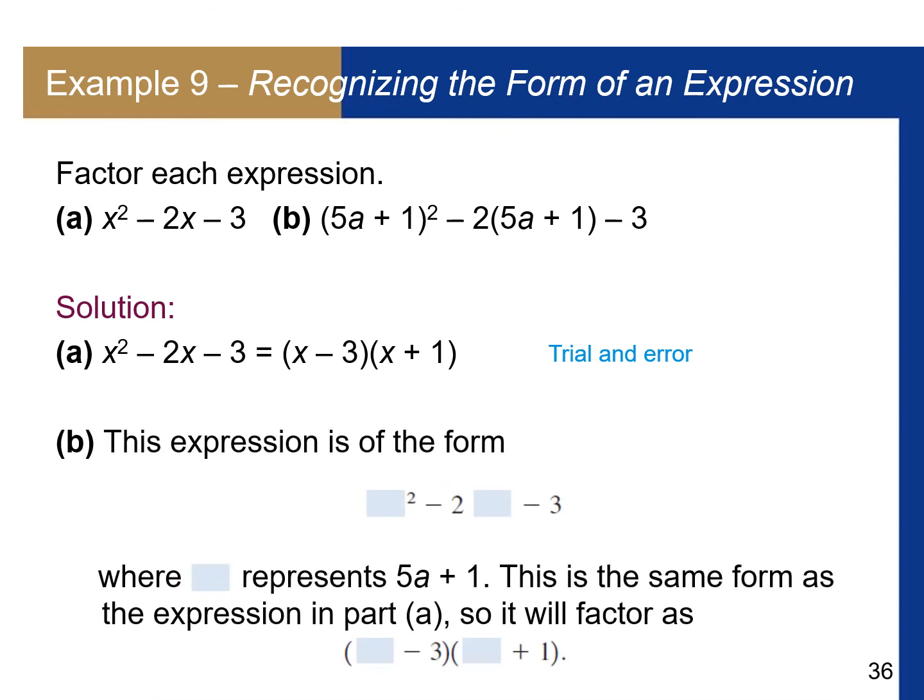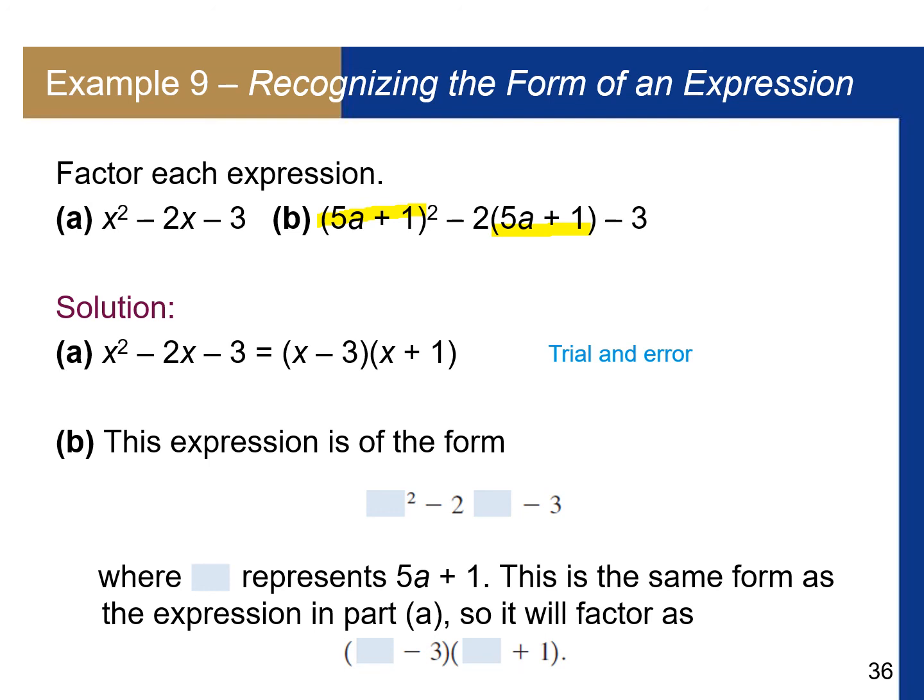Our second one is kind of an odd one. You won't run into this too often. We have this squared, and then 2 times this, and then minus 3. So it's a trinomial itself, and you can look at it as pretending it's x squared minus 2x minus 3.